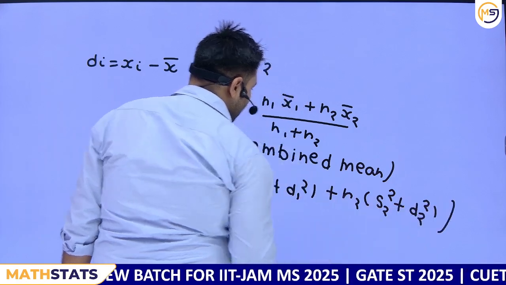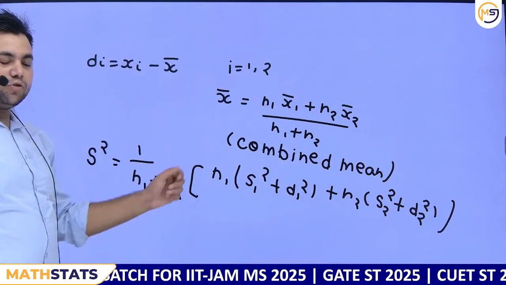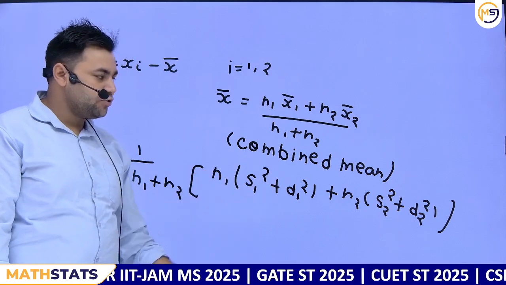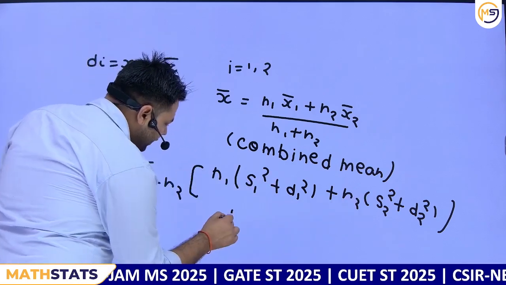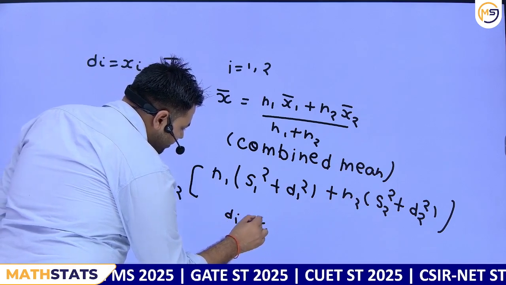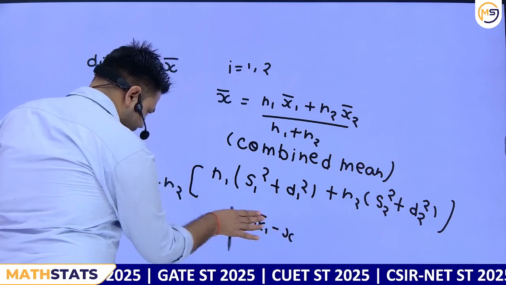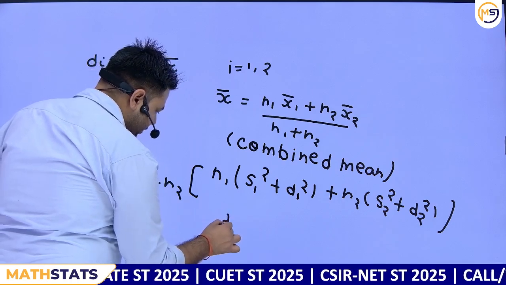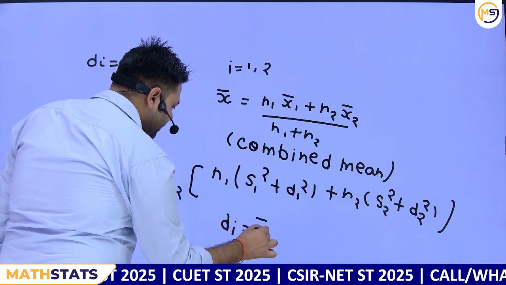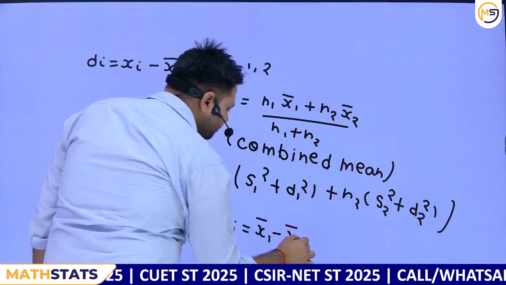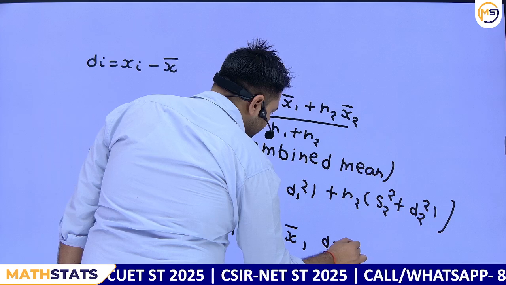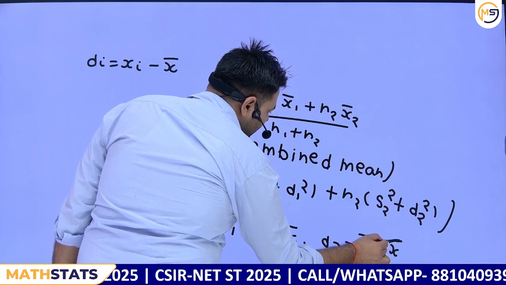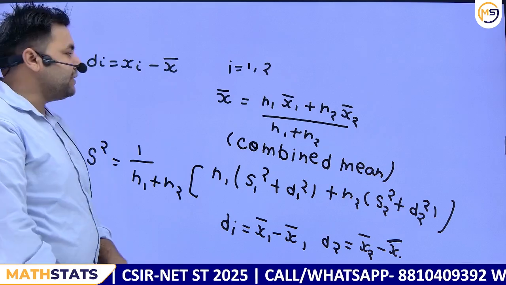So combined variance equals this, where d1 equals x1 bar minus x bar and d2 equals x2 bar minus x bar, and this x bar is the combined mean.